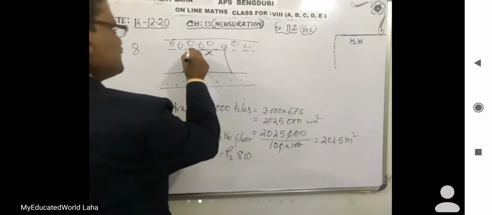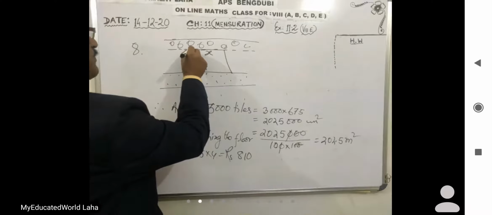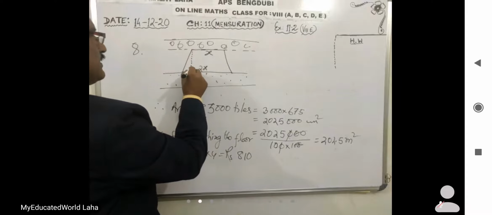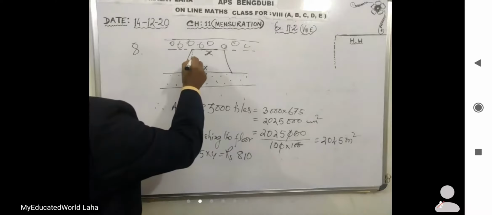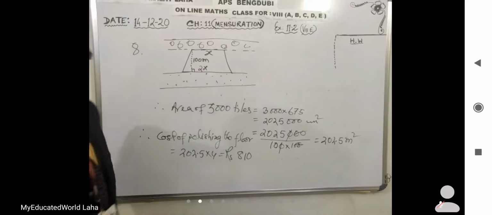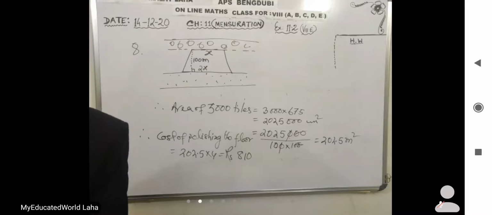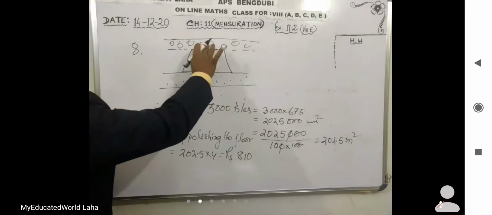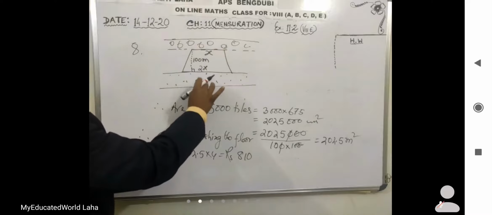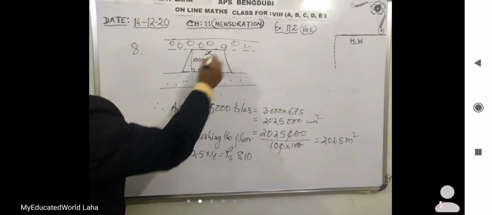And the perpendicular distance between the two sides is given: 100 meter. Tell me, what will be the measure of the parallel sides? That means how much is the road side, how much is the river side?